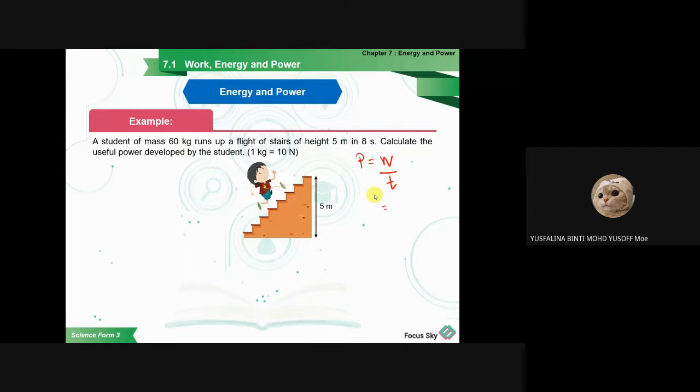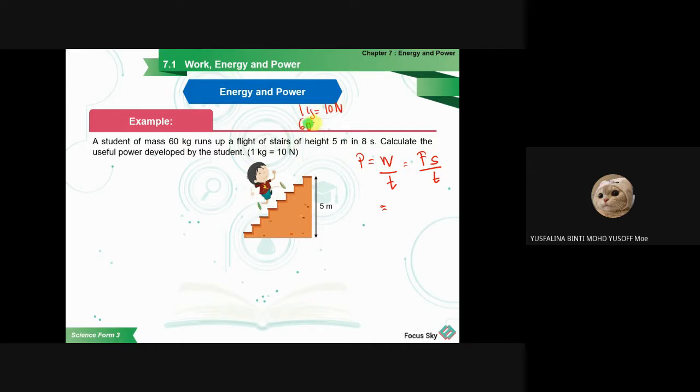What is the formula of work? Fs, right, over T. Can you find the force here? There is no force here because force is in Newton, and there is no Newton in the question. But it says 1 kg is equal to 10 Newton, so you can convert the mass to force.